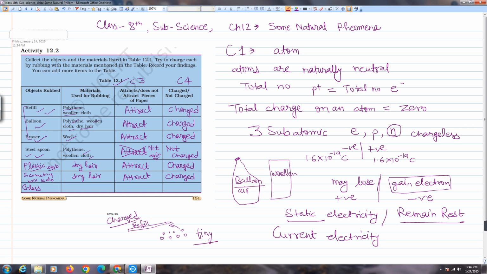That is glass rod, and we are rubbing it with silk cloth. So when we rub the glass rod with silk cloth, it will be able to attract tiny pieces of paper, and when it is able to attract tiny pieces of paper, we can say that the glass rod gets charged due to static electricity. Thank you.